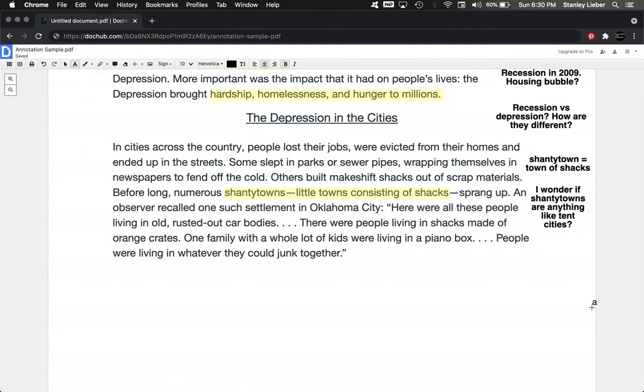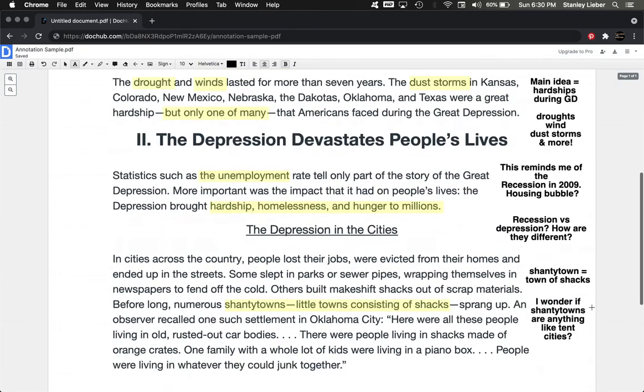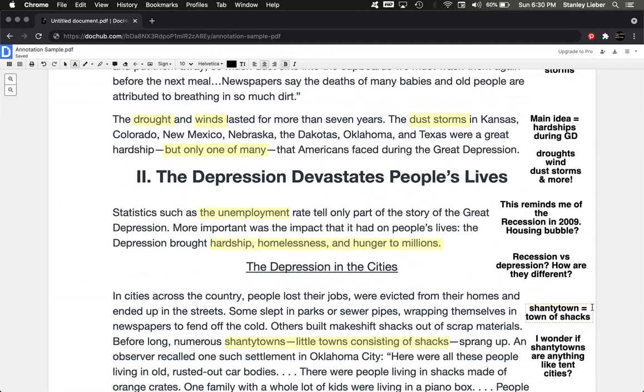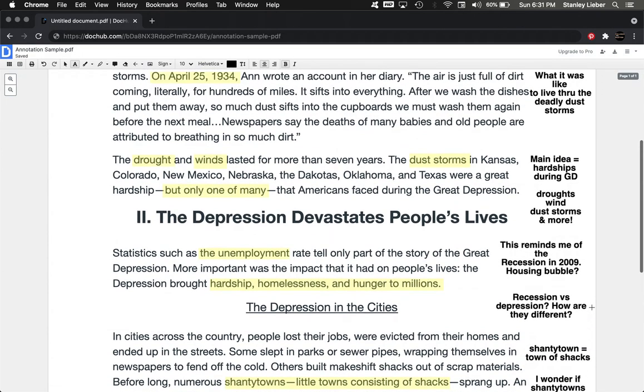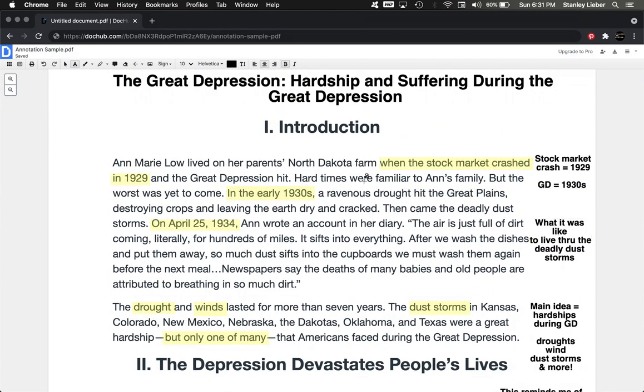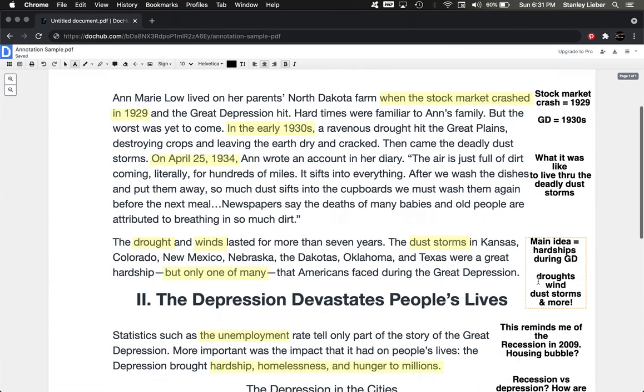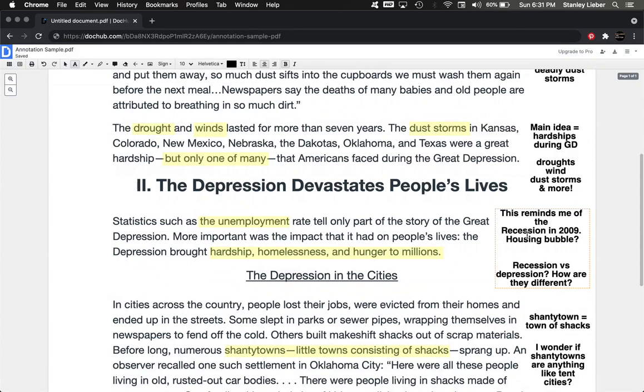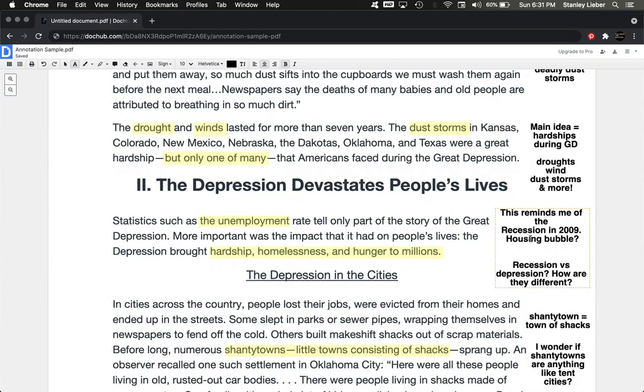So this has just been a really short demonstration of some of the things that you can write and mark as you're taking annotations in your text. You can look for dates. You can look for main ideas. You can ask yourself questions. You can make connections to the text.